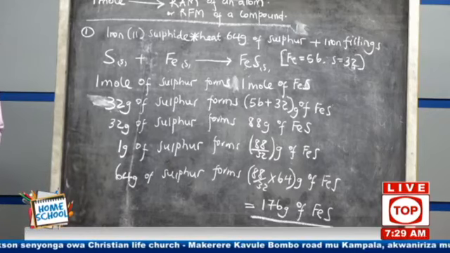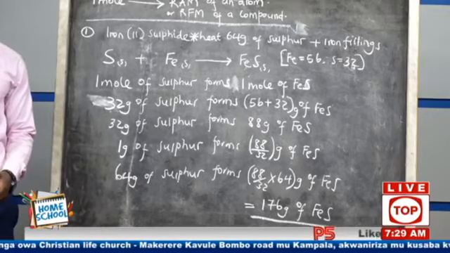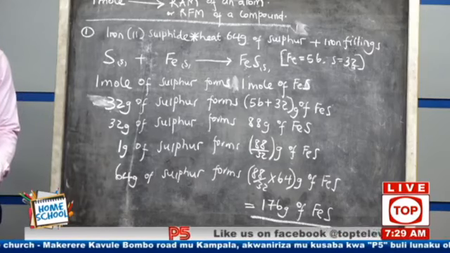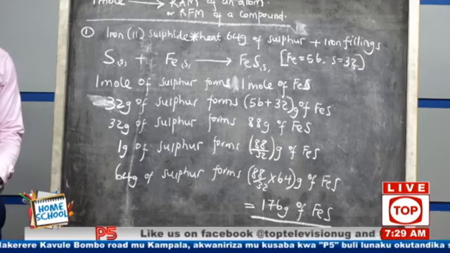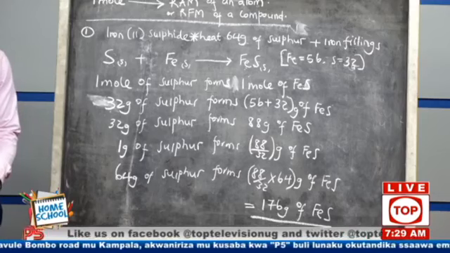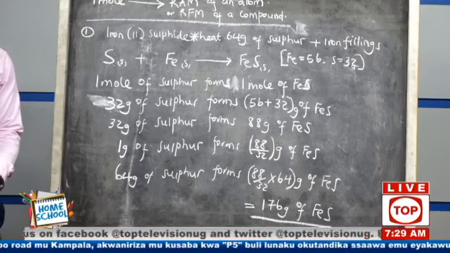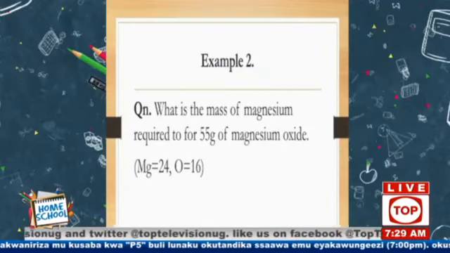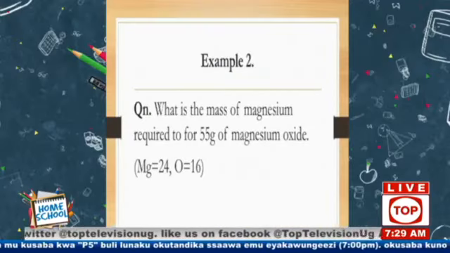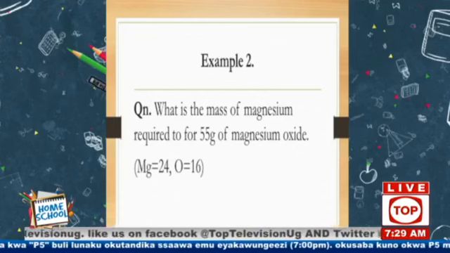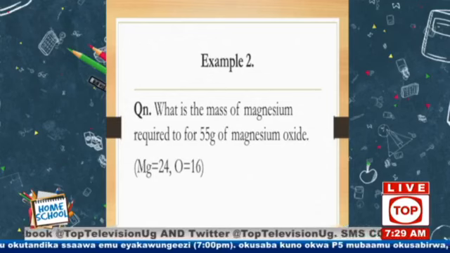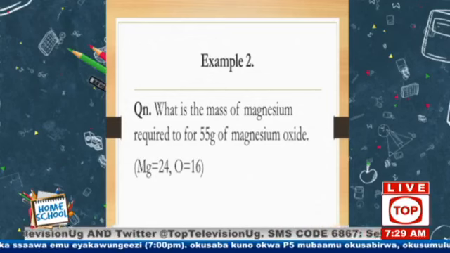On the next slide: what is the mass of magnesium required to form 55 grams of magnesium oxide? We are looking at the mass of magnesium required to form, that word is form, 55 grams of magnesium oxide.